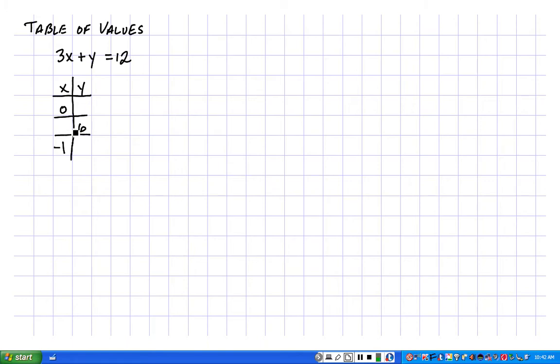and find these missing values. Okay, so in order to find this first missing value right here, we're looking obviously for y, because the blank space is in the y column. All of the values on this side are y, all of the values on this side are x. So we have an x of 0, we want to find y. So all you end up doing is taking this that you're given, in this case an x, plug it into your equation.